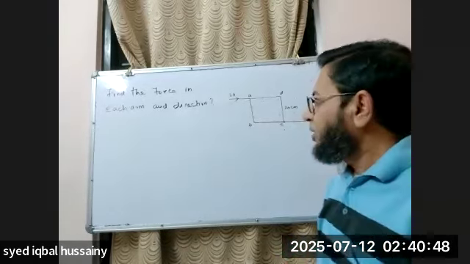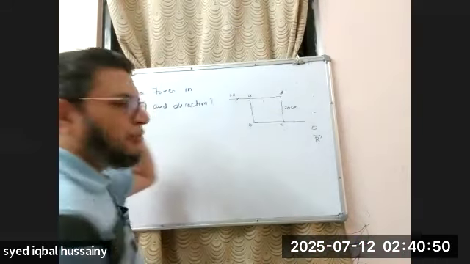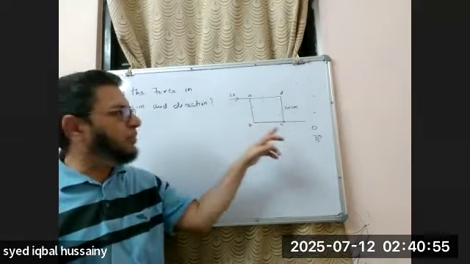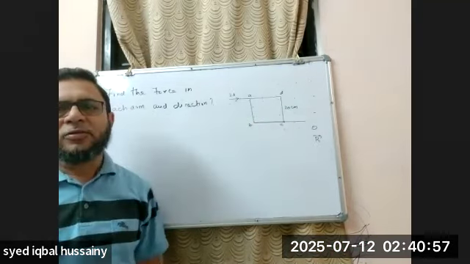Okay. Now the question is, find the force on each side. So AB, what is the force? BC, what is the force? CD, AD. So how will we find out?